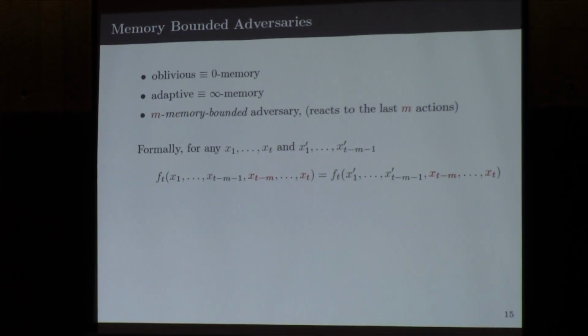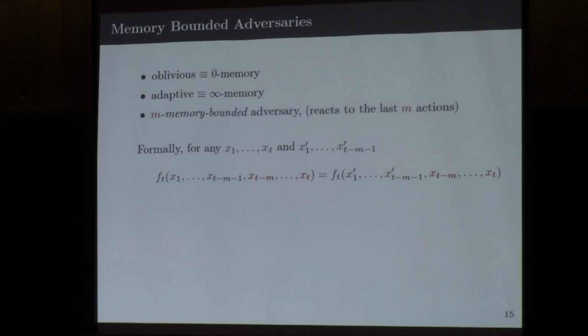Yes? I can also think about a different type of adversary that has bounded memory. Bounded memory means that I can keep whatever statistics of the infinite past. Yes, I see. So it's somehow the influence of the actions earlier than M being much smaller, decay.